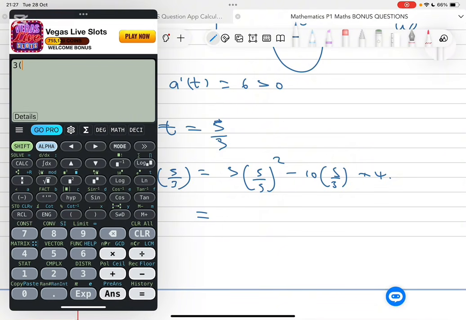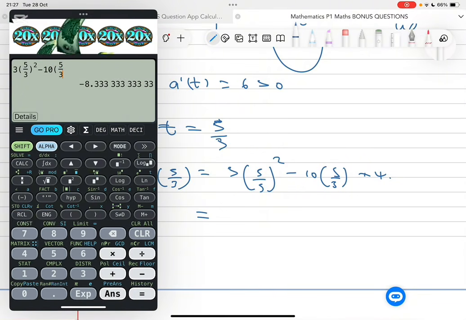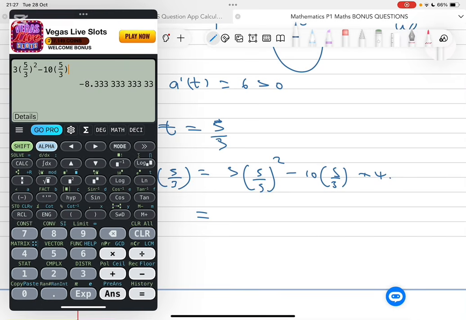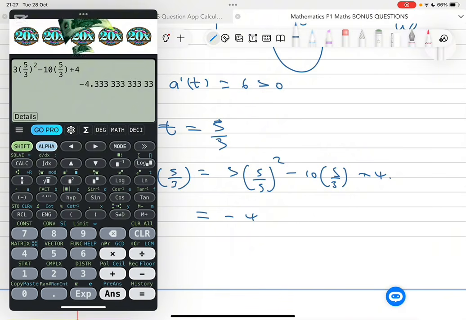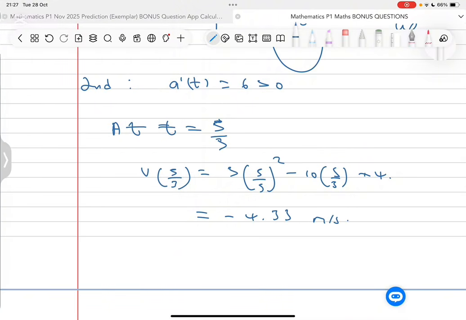So we're going to have 3, 5/3 all squared, minus 10, 5/3, plus 4. And this gives me a negative 4.33 meters per second. And again, this is not surprising. Remember, I said that the velocity can be negative, so this makes sense. If it was a speed, it shouldn't be negative.